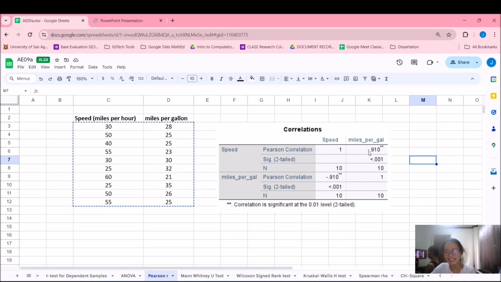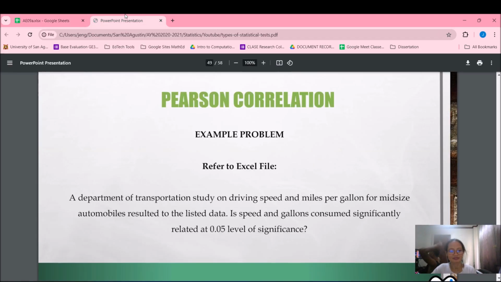And since this is negative, there is a negative relationship between your speed and miles per gallon. Most probably, as speed increases, the miles per gallon decreases. That's significant. It's a negative relationship. A significant negative relationship.